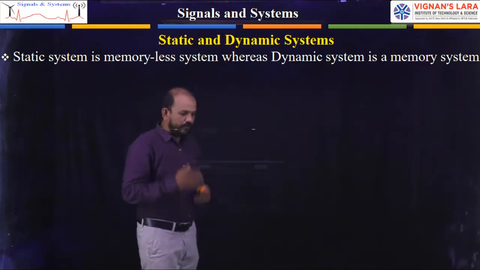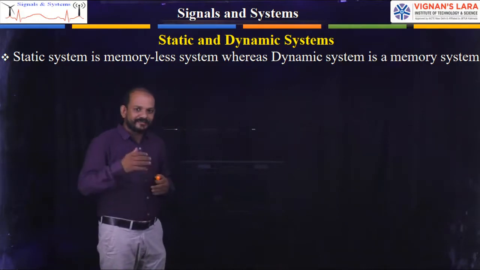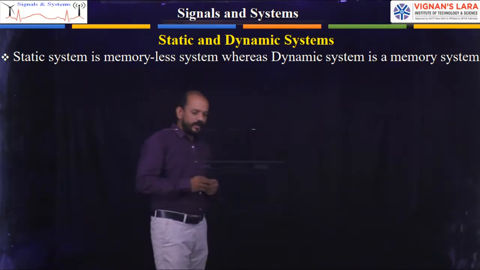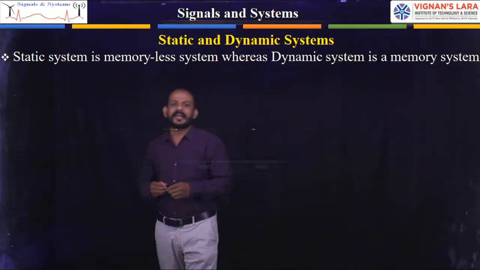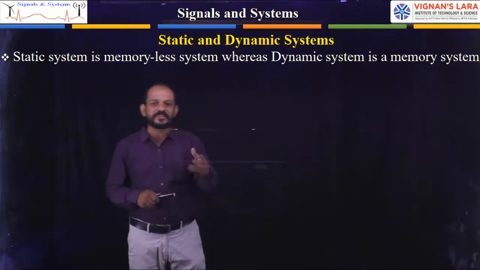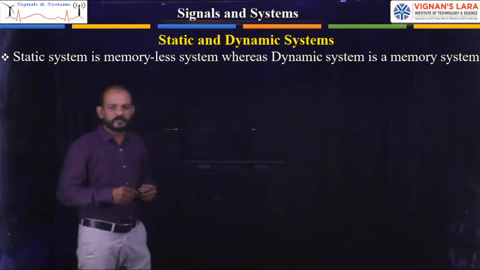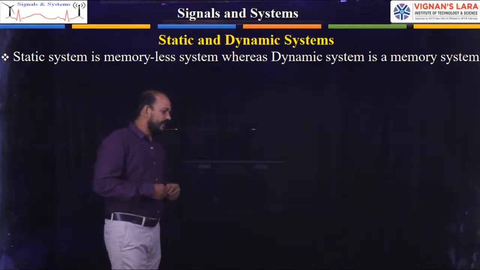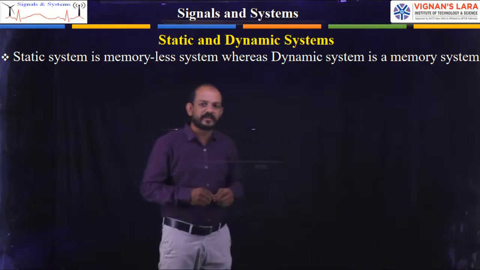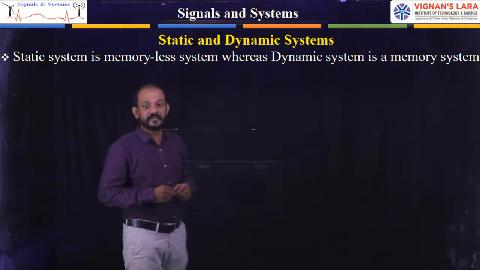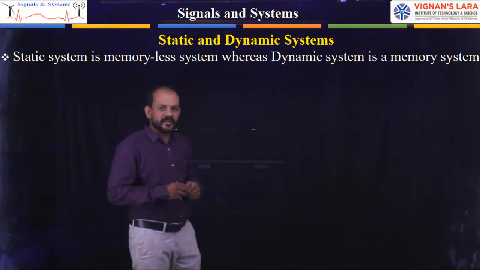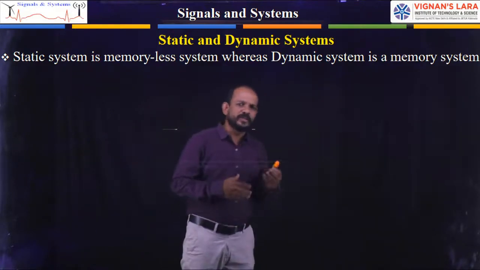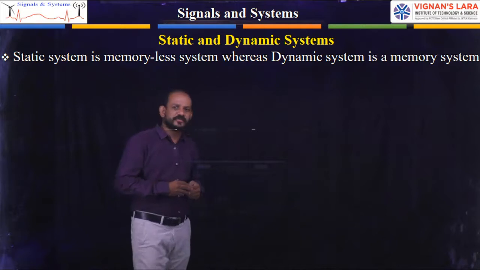Before going to the technical explanation regarding static and dynamic, I will ask you, what is the general meaning of static and dynamic? While calling a person, I can say that person is a dynamic person. Dynamic person means he is capable of doing anything. He can do whatever work we give him, and he can adapt to situations very easily.